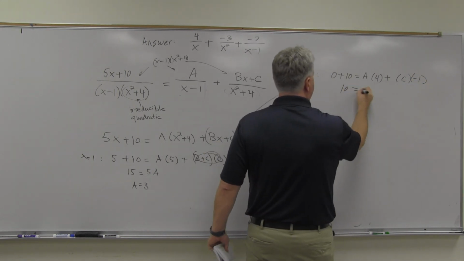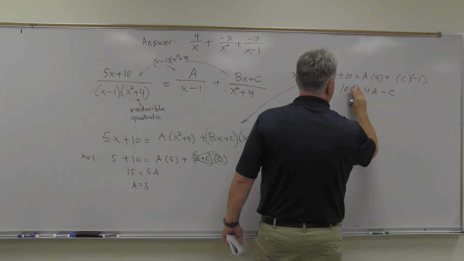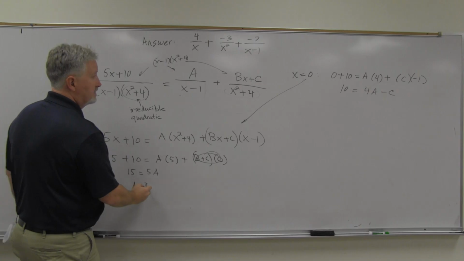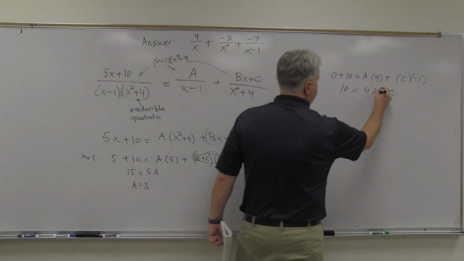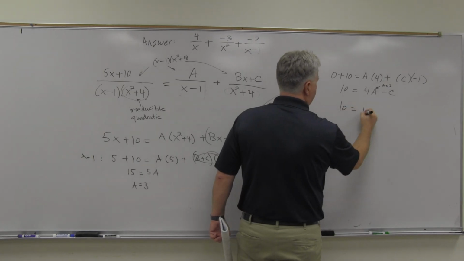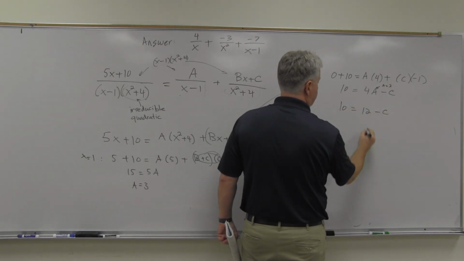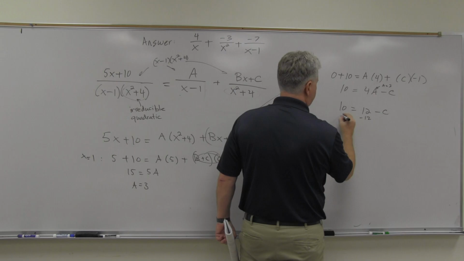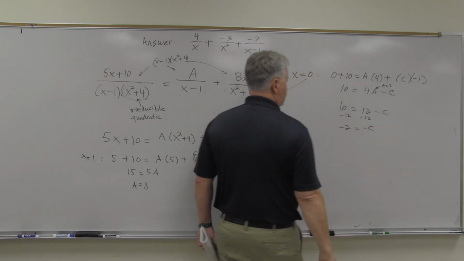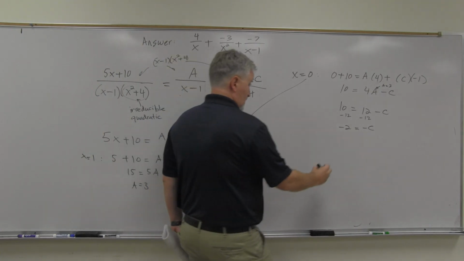So I have 10 equals 4a minus c, but the good news is I know a is 3. So that's 10 equals 12 minus c, so subtract 12. Negative 2 is negative c, so 2 is c.